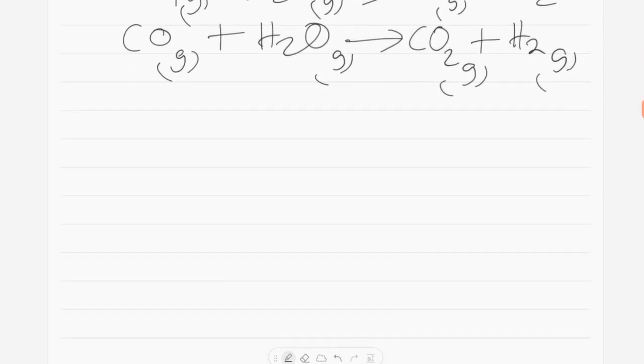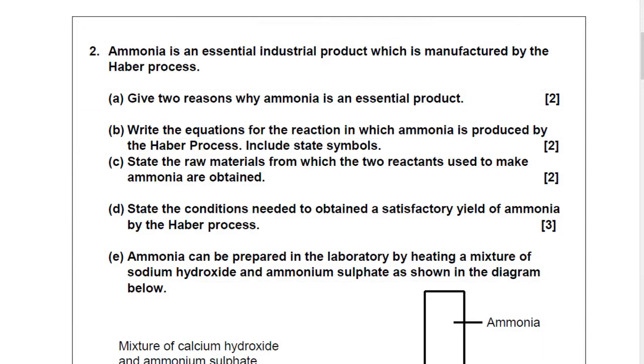Let's look at the other part of the question, which is D. State the conditions needed to obtain a satisfactory yield of ammonia by the Haber process.